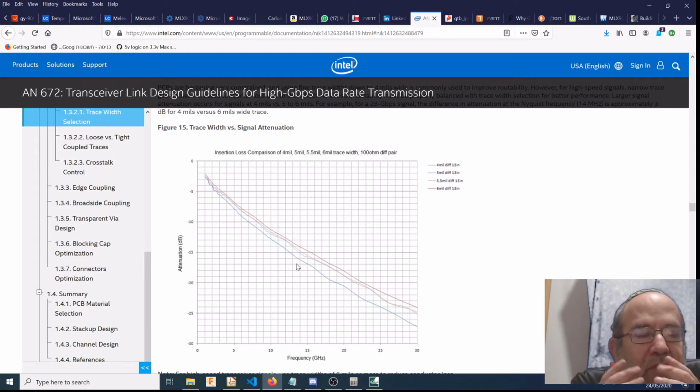But one must also realize that copper has a resistance. And as copper has a resistance, you're going to have resistive losses down this track also.